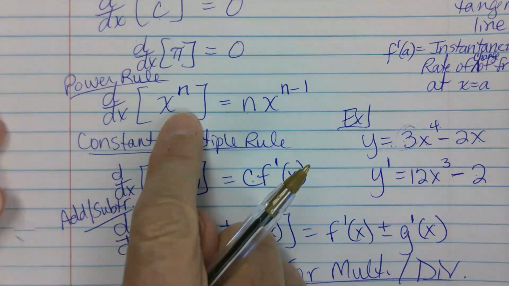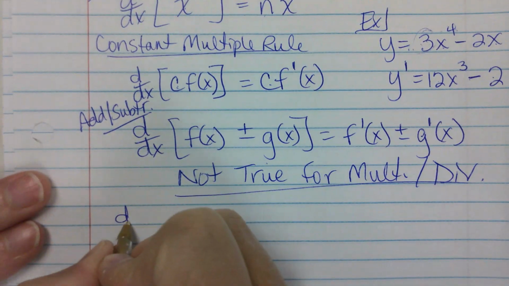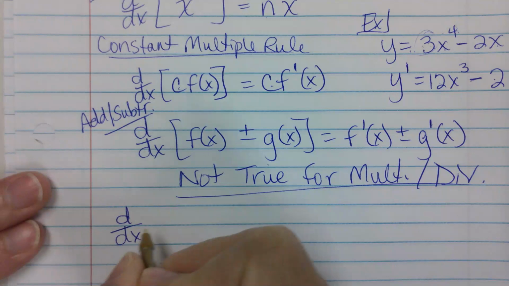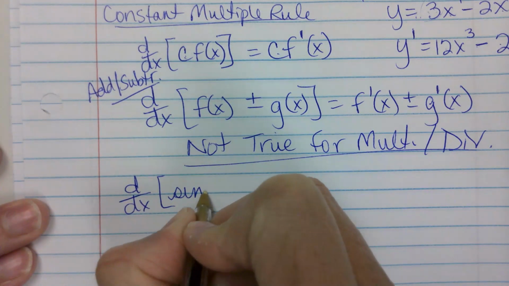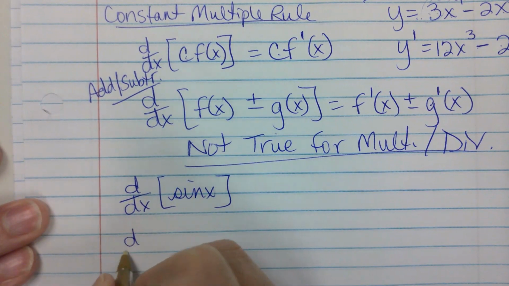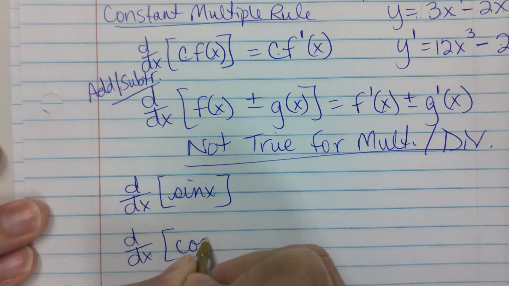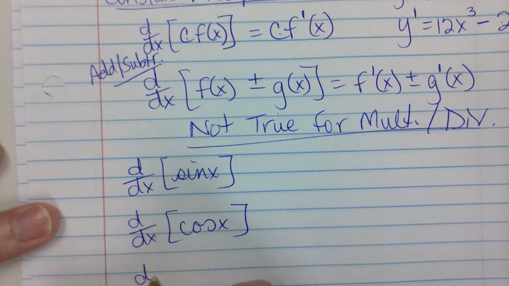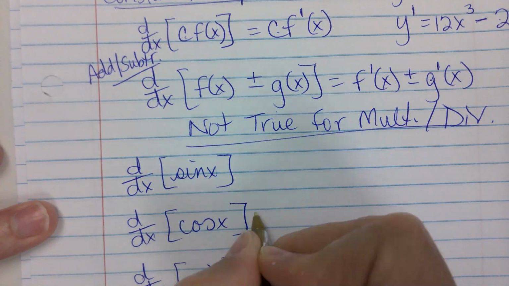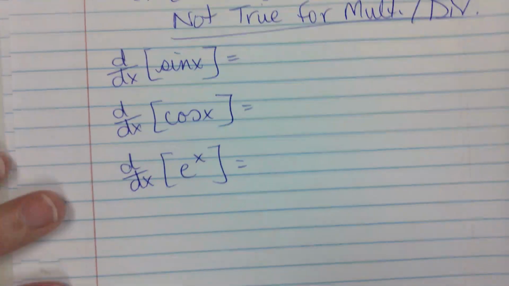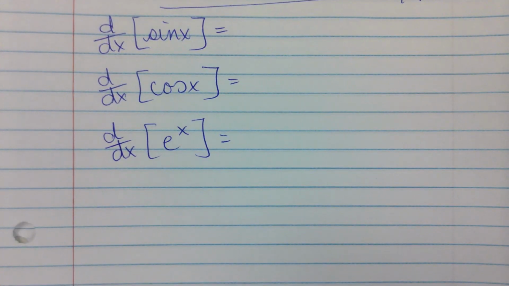We have a few standalone trig rules: the derivative of sine of x, the derivative of cosine of x, and the derivative of e to the x. Many times I've had kids make me prove the rules and why they work.